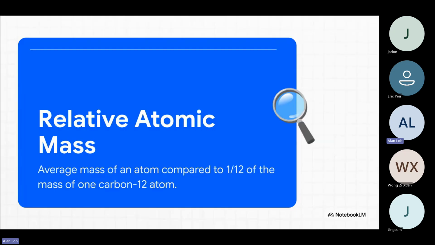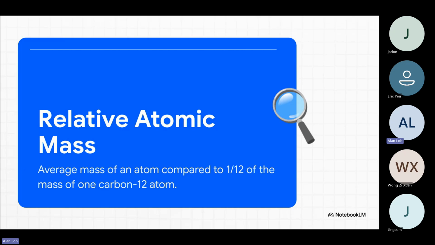So the crucial point is this definition. The relative atomic mass, or RAM, of an element is the average mass of an atom of that element, compared to exactly 1/12 of the mass of one carbon-12 atom. You might be wondering, why 1/12? Well, because one atom of carbon-12 is given a definite mass of exactly 12 units. By taking 1/12 of that, we get a perfect standard unit of 1.